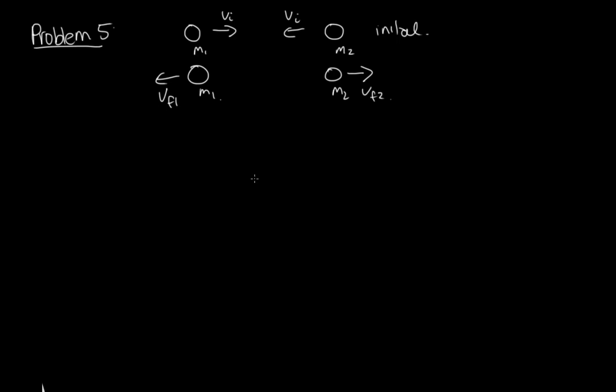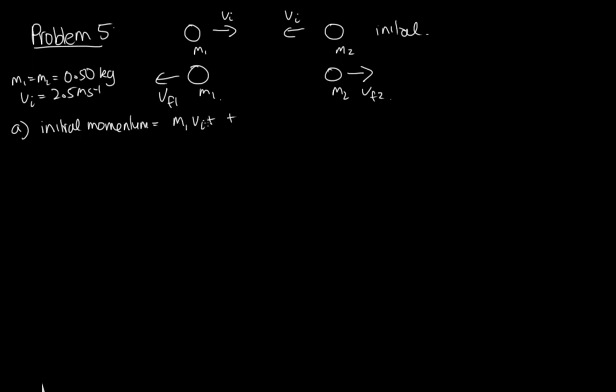And we're told the diagram shows a collision between two boats. You can see how the boats are moving before and after the collision. If m1 equals m2 equals 0.50 kilograms, and the initial velocity is equal to 2.5 meters per second. We need to start by calculating the initial momentum of the system. So the initial momentum is equal to m1 v initial 1 plus m2 v initial 2.